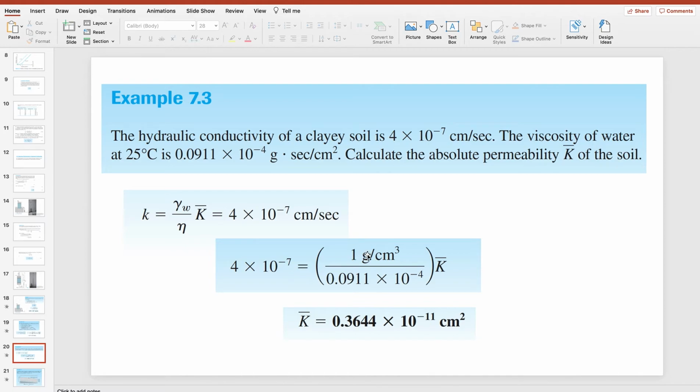So that is 1 gram per cubic centimeter divided by the viscosity, 0.0911 times 10 raised to negative 4, times the absolute permeability. Shift solve, your value is 0.3644 times 10 raised to negative 11 centimeter squared.